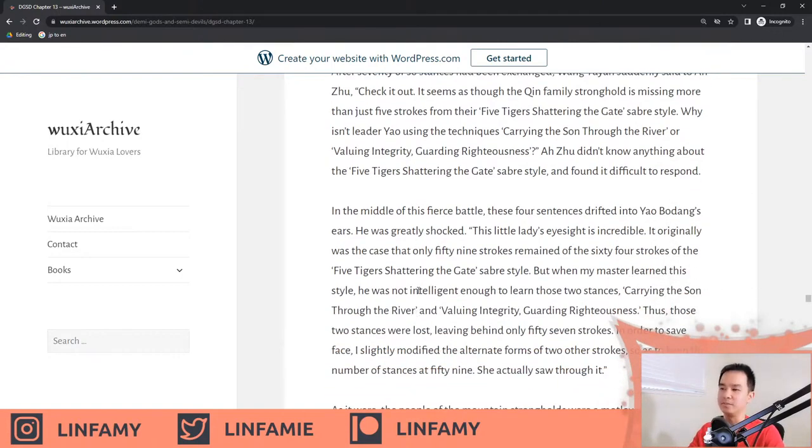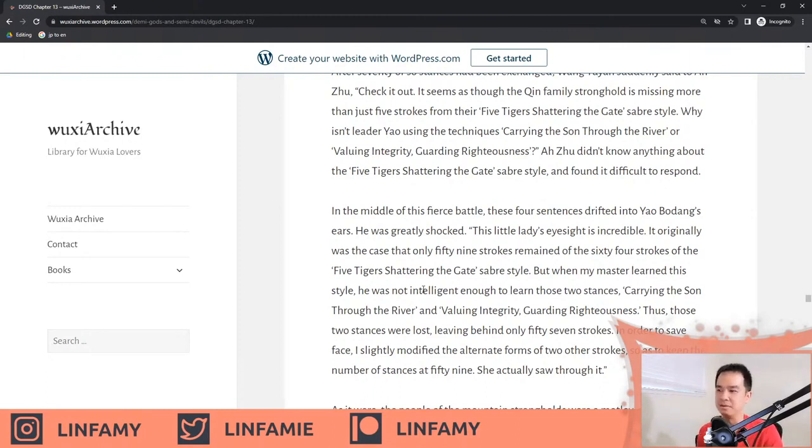In the middle of this fierce battle, these 4 sentences drifted into Yao Bodong's ears. He was greatly shocked. This little lady's eyesight is incredible. It originally was the case that only 59 strokes remained of the 64 strokes of the 5 tigers shattering the gate saber style.